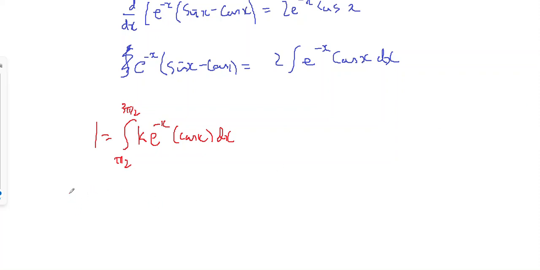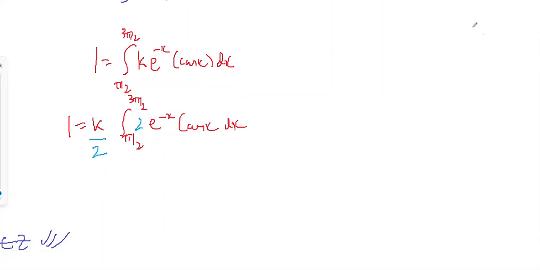So 1 equals k times the integral from pi on 2 to 3 pi on 2 of e to the minus x cos of x dx, and if I make that a 2, I can balance that out the front with a k on 2, which gives me 1 equals k on 2.